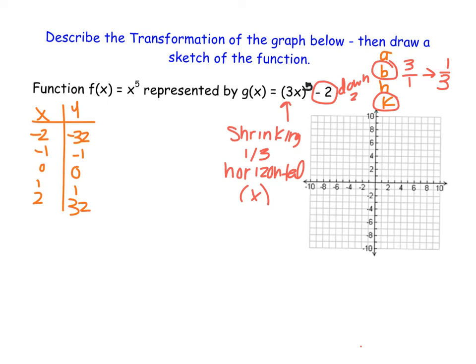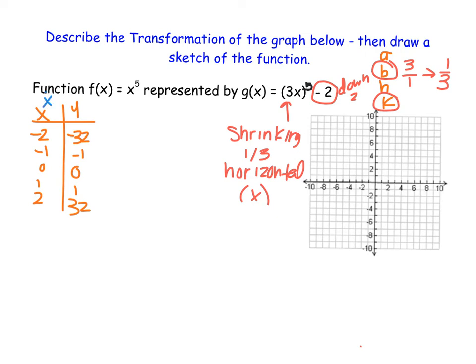So what I need to do here is I need to do these one at a time. And when you have a mixture of translations and stretches and shrinks, you always start with the stretches and shrinks and the reflections first, because order of operations says multiplication comes first. So we're going to deal with the multiplication process of this first.